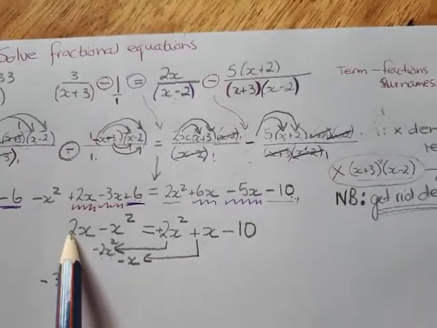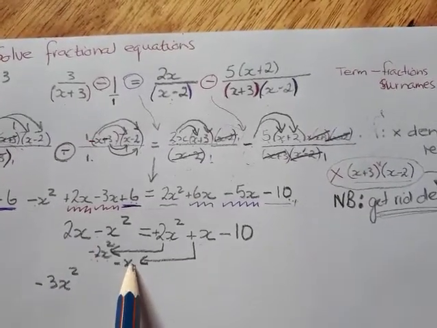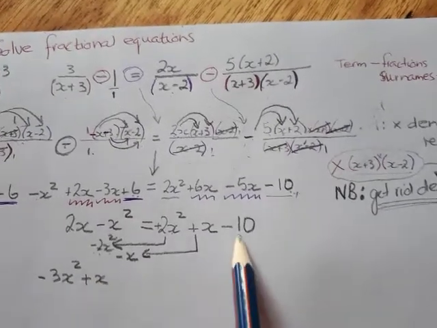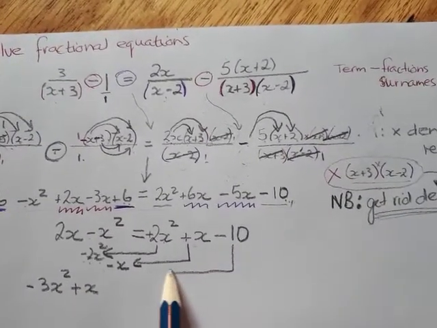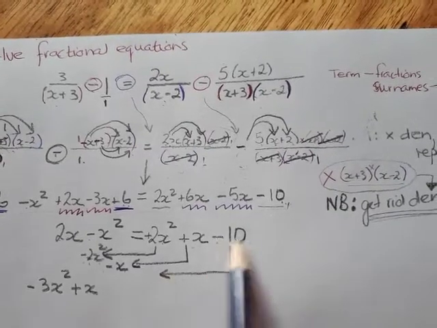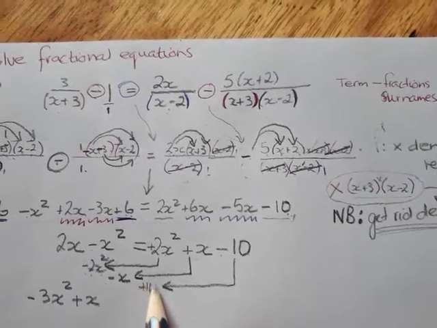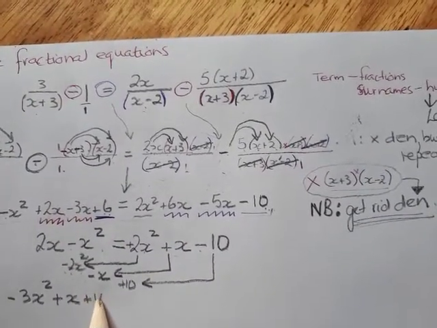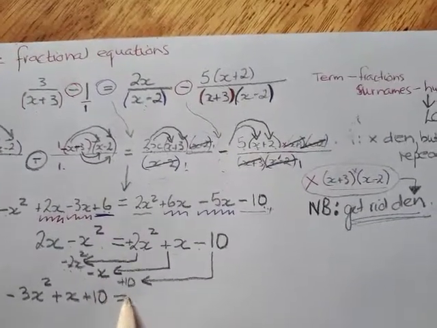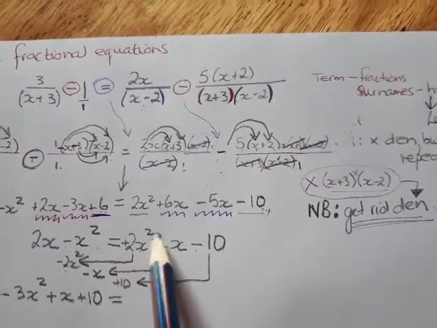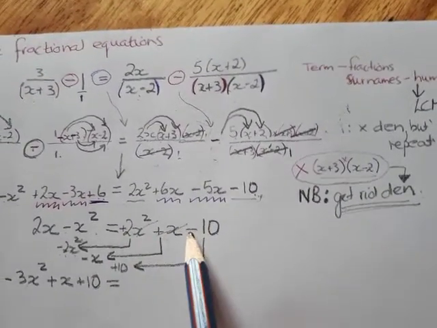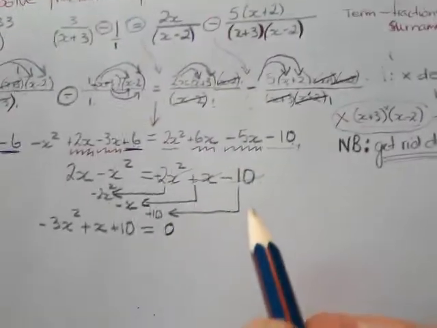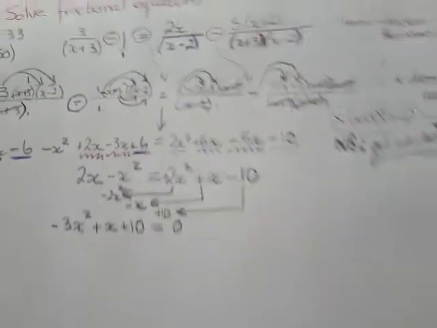Then I have 2x minus x, which gives me x. And at the same time, I take the negative 10 over, which becomes positive 10. There is no number on this side, so I do not need to add anything. That becomes positive 10. Now on the right hand side, people, I have moved this, this, and this, which means I now got 0 left over.